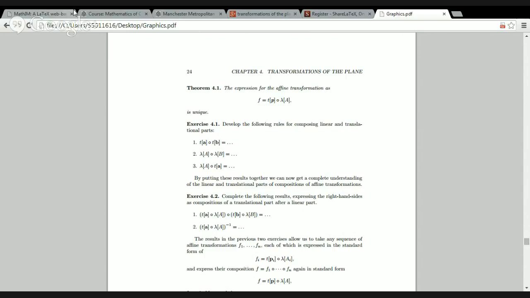And it will become translation by A times p. And then the two linear transformations composed is the same as the linear transformation represented by A squared. Okay, so we can work out the extra parts we need here.